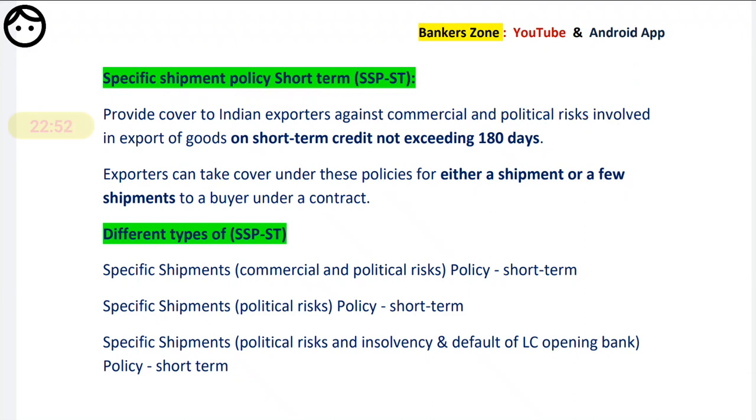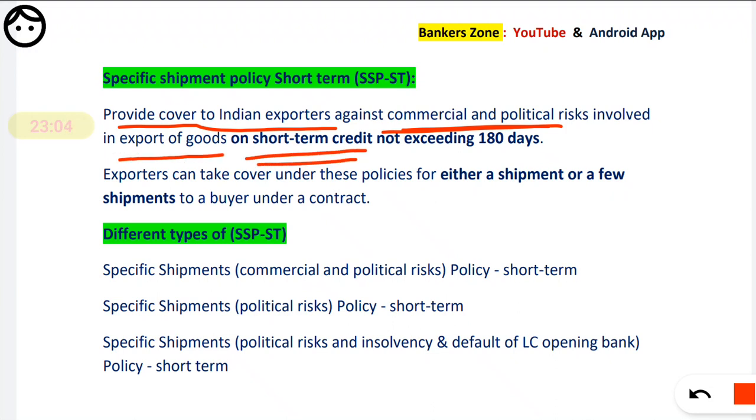It provides cover to the Indian exporter against commercial as well as political risk in the export of goods on short term credit not exceeding 180 days. The specific shipment policy is only for 180 days credit.